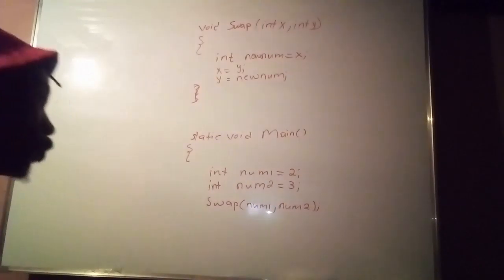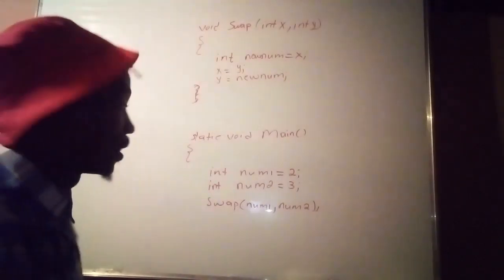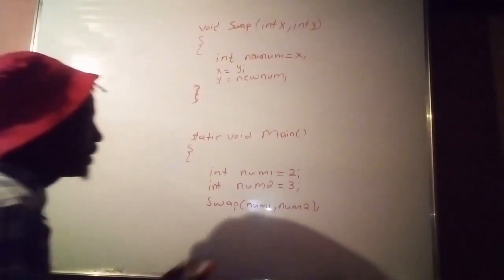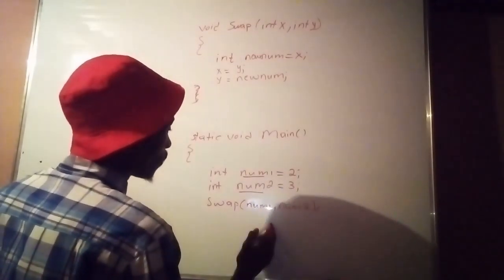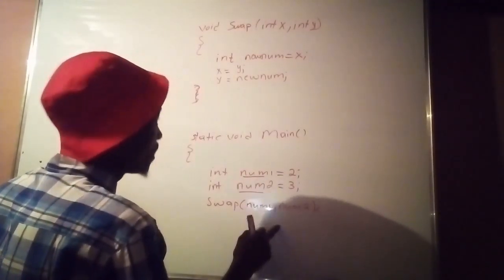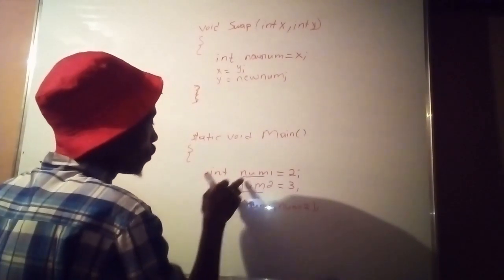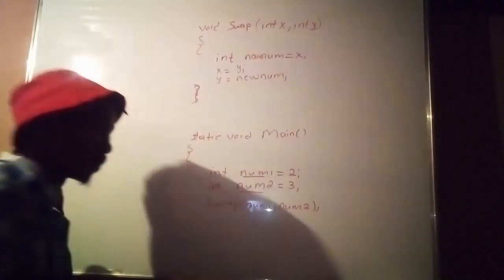So what we are expecting is that after we call this method, when we print the value of num1 here, we should see 3. When we print the value of num2, we should see 2.